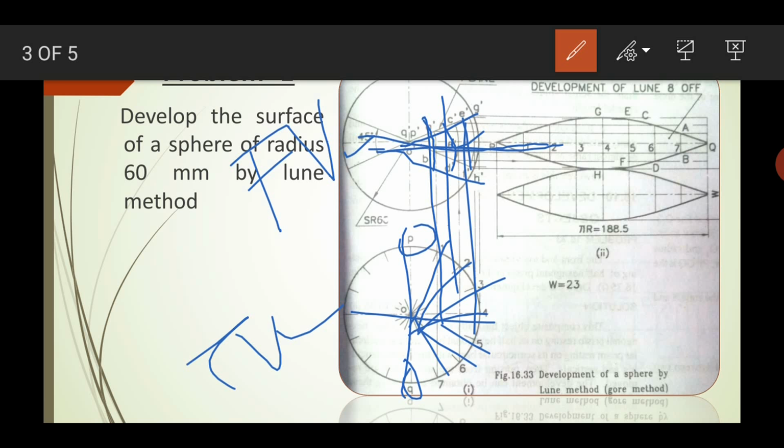Okay, and you will get a dash, b dash, c dash, d dash, e dash, f dash, g dash, and h dash. All the points you will get, and then you mark the same on the axis.